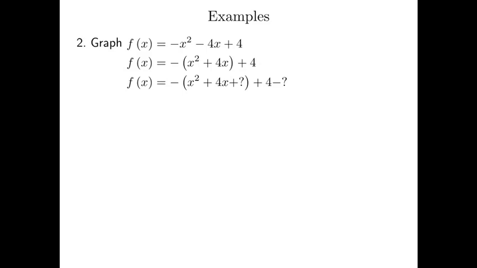So now when we add 4 on the inside, we're actually subtracting 4 because there's a minus outside the parentheses. So that means we need to add 4 outside the parentheses. There we go. We always have to make sure we undo what we're doing inside the parentheses. So here we get f of x equals negative quantity x plus 2 squared plus 8.